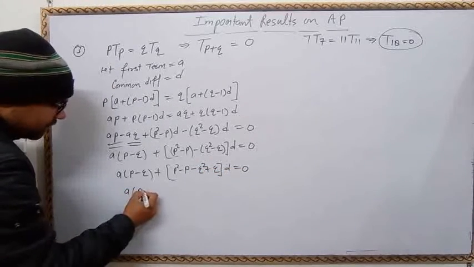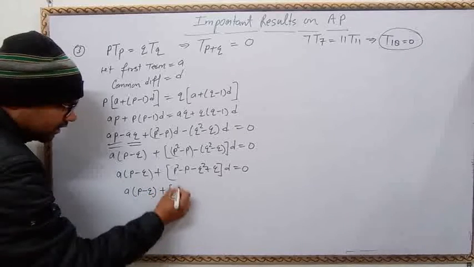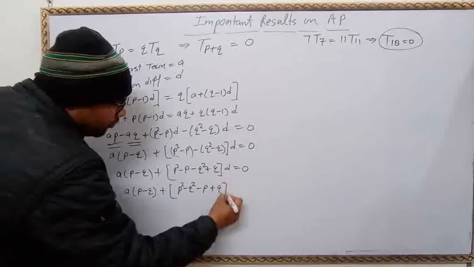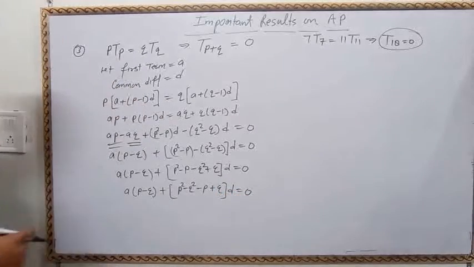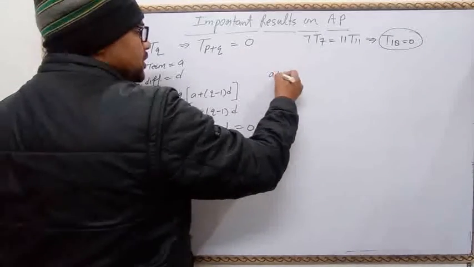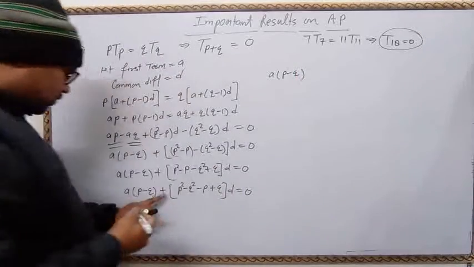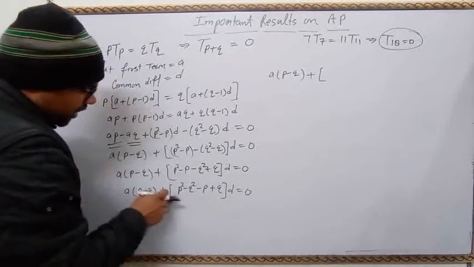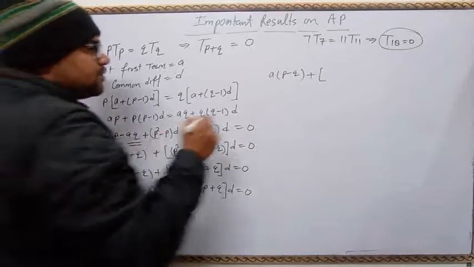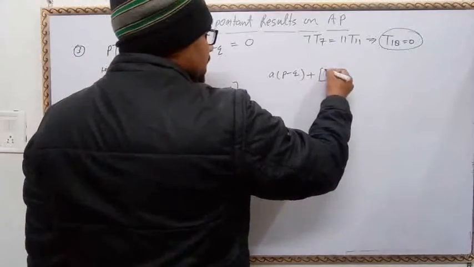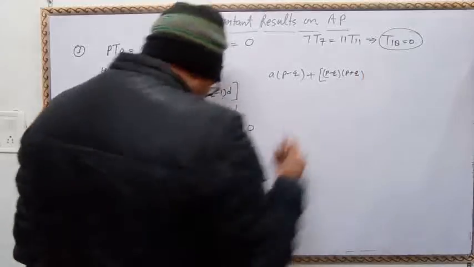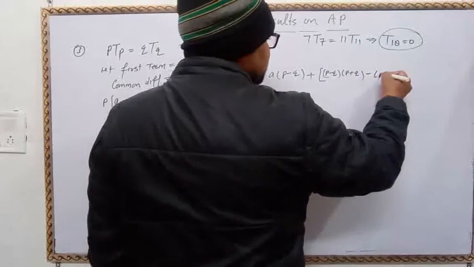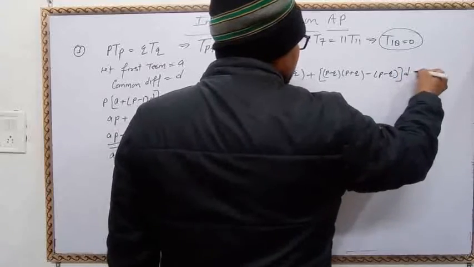So A(P minus Q) plus (P square minus Q square minus P plus Q)D equal to 0. Now A(P minus Q) plus, as P square minus Q square means (P minus Q)(P plus Q), and here minus P plus Q we take common minus 1, so minus (P minus Q), D equal to 0.